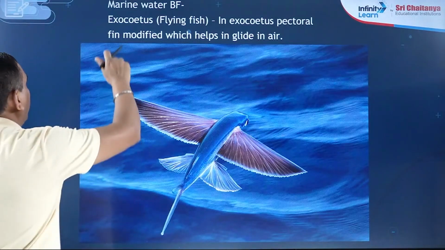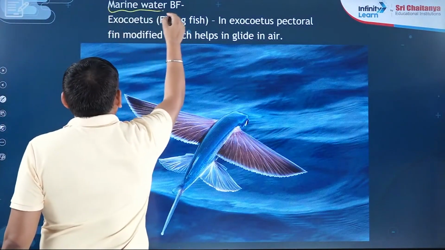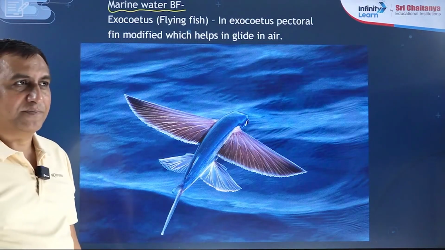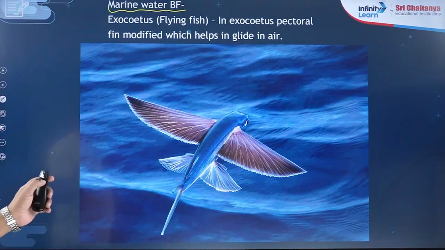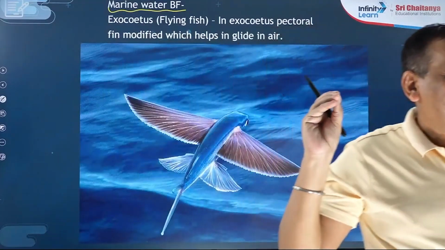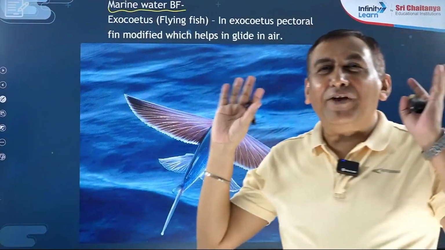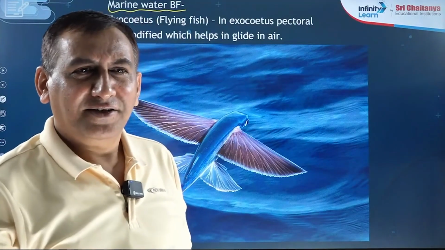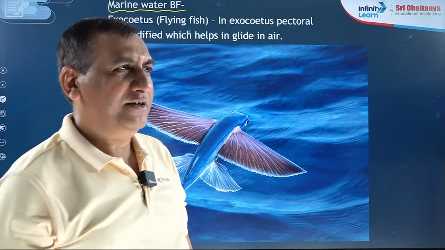So see, one marine water bony fish is known as Exocoetus. It is known as the flying fish. Anyone will say the name of this fish is the flying fish. Is it flying in reality? Really it is flying?